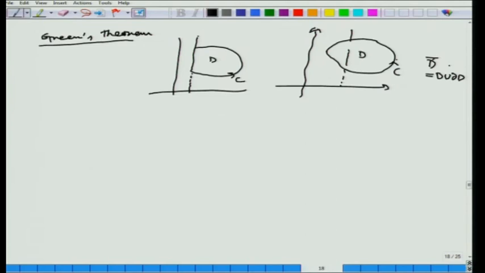For such simple areas we can state Green's theorem and then extend it to more general areas like this. So Green's theorem says that the integral over this C of M dx plus N dy is equal to this double integral of (N_x minus M_y) dx dy.